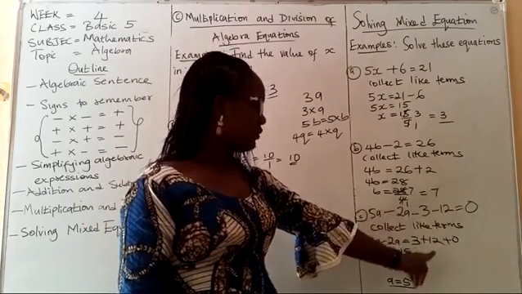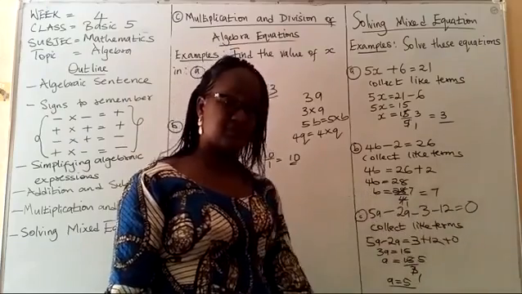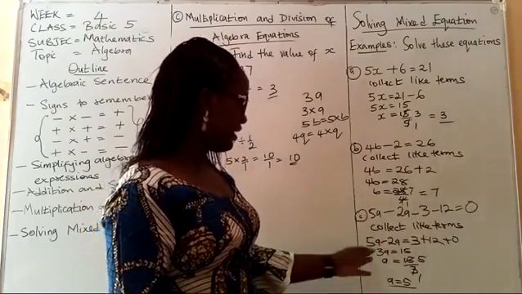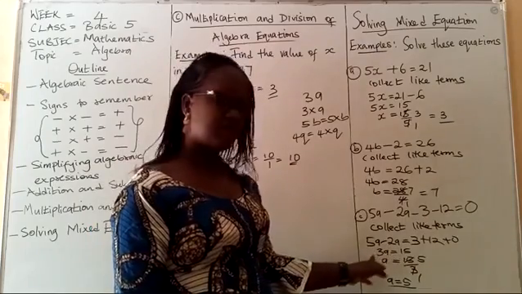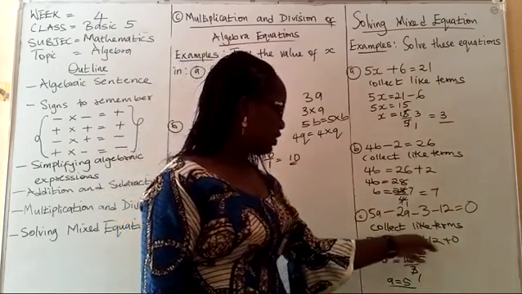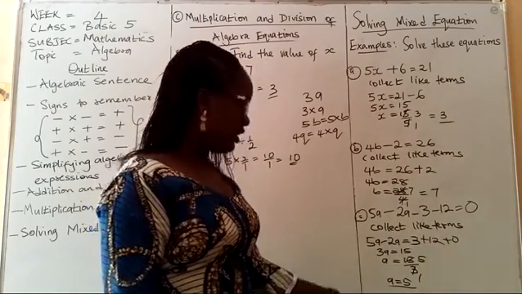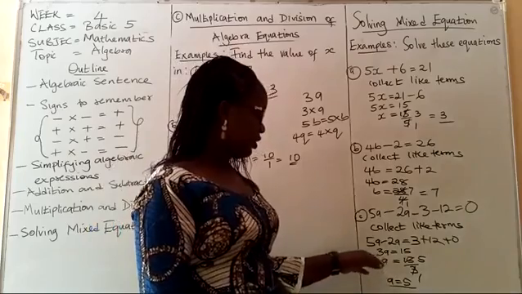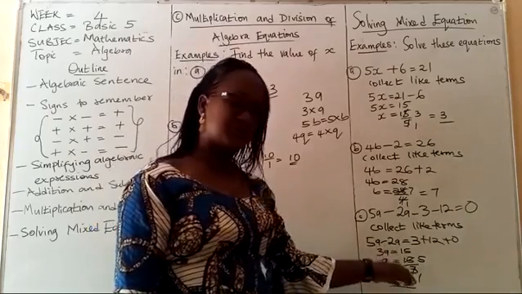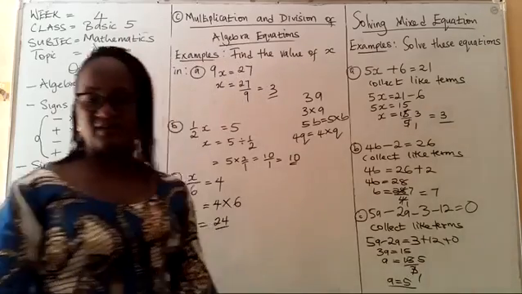Minus 12 crossing an equality sign gives us plus 12. And of course, we already had our 0. So we have 5a minus 2a will give us 3a. 3 plus 12 plus 0 will give us 15. Now when we have a, 3 will cross an equality sign to divide 15. And that is how we got our 5.